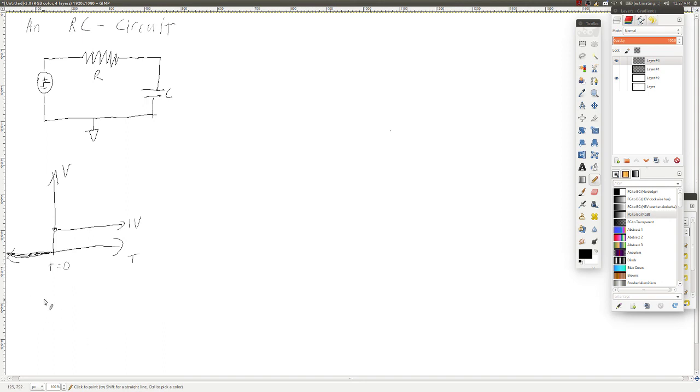Let's make sure that that's mathematically defined, and we'll define this as V in as a function of t. V in as a function of t is equal to 0 volts for t less than or equal to 0, and 1 volt for t greater than 0. What I want to derive here is the output voltage, V out, as a function of t.